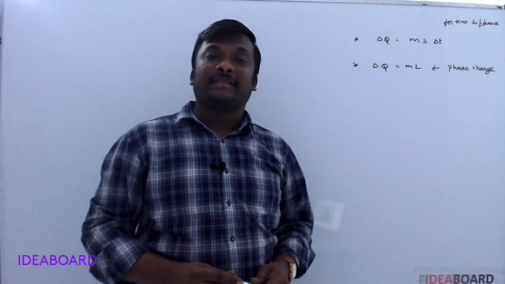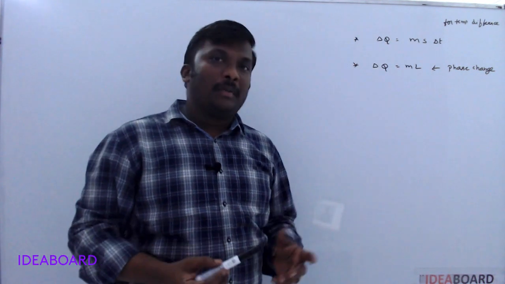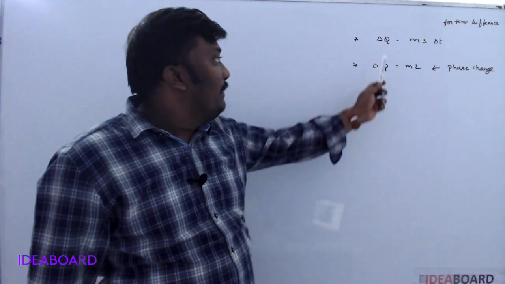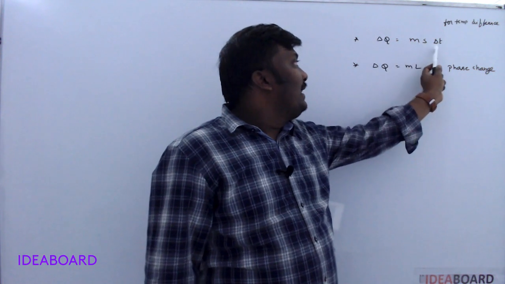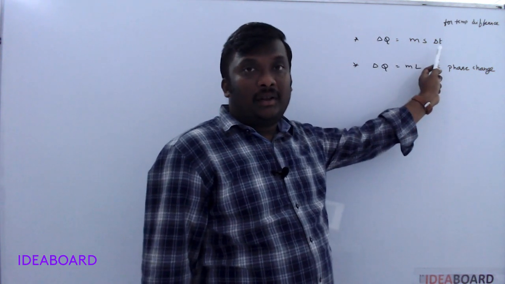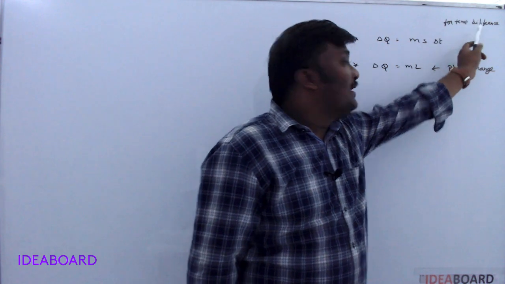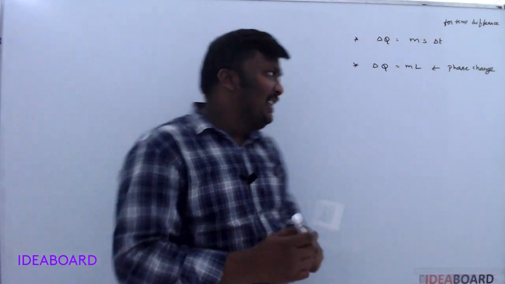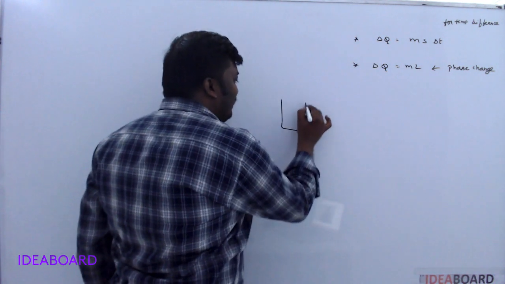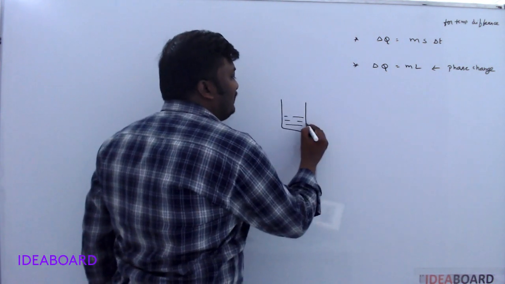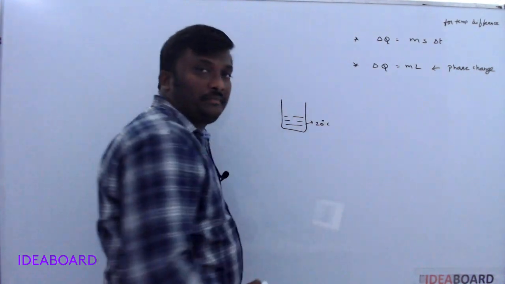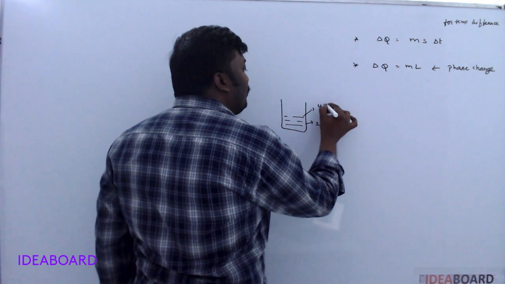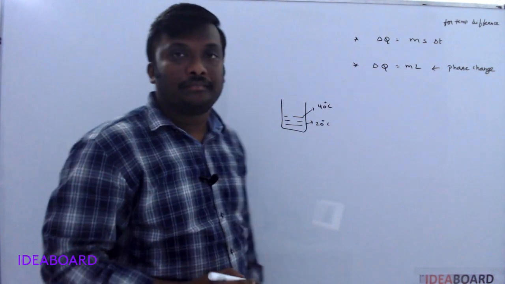Calorimetry content is very easy, but where you use the formulas is important. Keep in mind ms delta T: use it when they talk about a temperature difference and there is no change in phase. Clear? I have a certain amount of water at 20 degrees Celsius, heated, and now the temperature rises to 40 degrees Celsius.